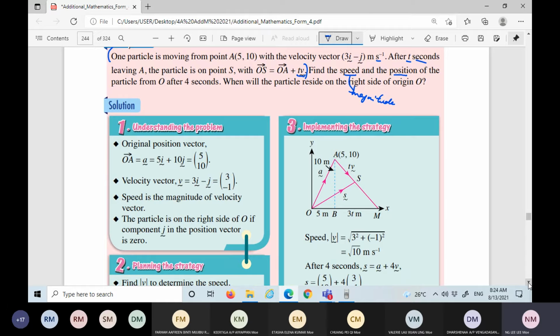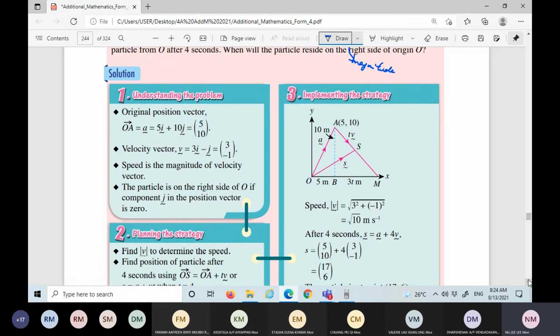After 4 seconds, if follow this one, the OS is equal to OA plus tV. So OA is 5, 10, plus t is 4, and then the V is 3, negative 1.